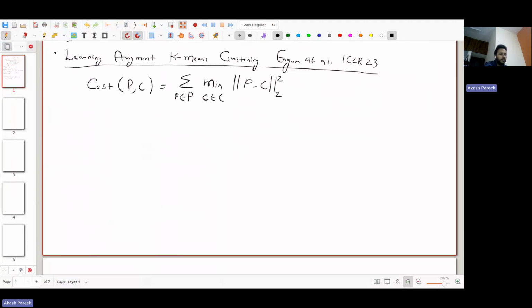Apart from the points and the centers, since this is a learning augmented algorithm, the extra information that we have now is a prediction also. So we have a predictor pi. What is this prediction? This predictor pi gives us a label prediction for each of the points. For each point in your data set, you will get a prediction.